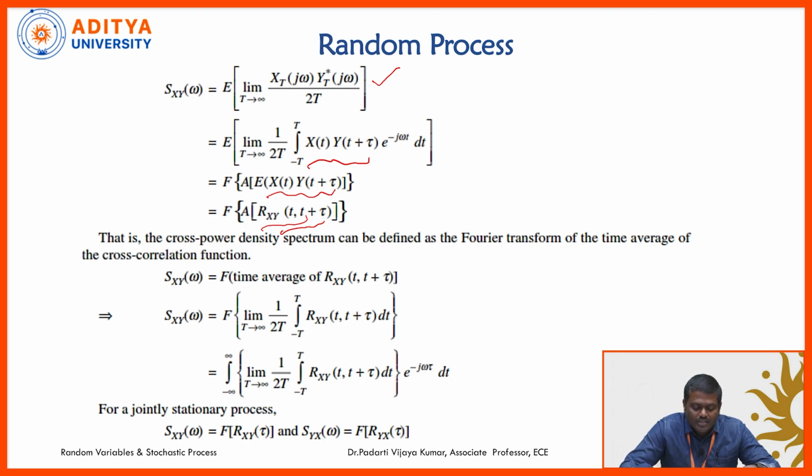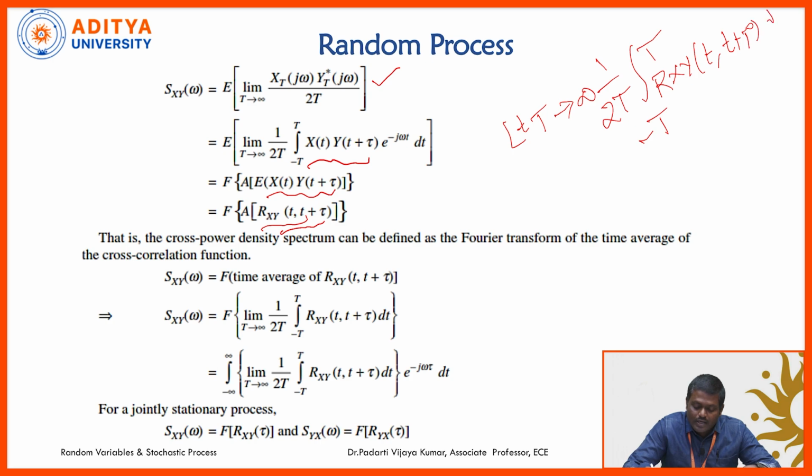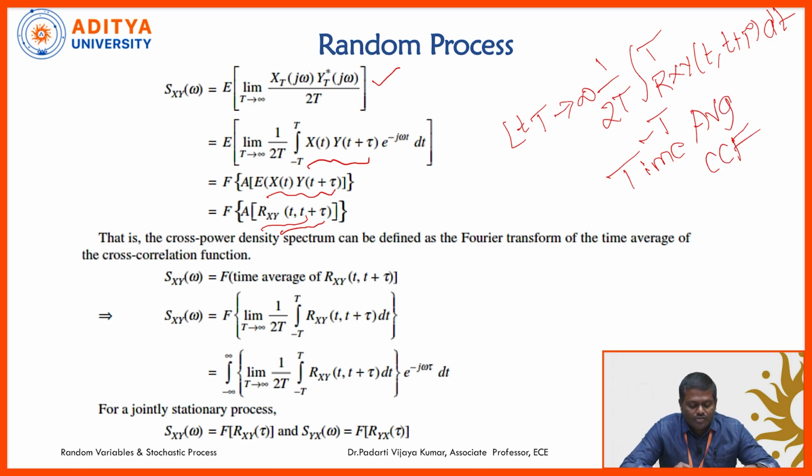So the time average correlation function is nothing but limit T tends to infinity, 1 by 2T, integral from minus T to T, Rxy of t comma t plus tau dt. This is nothing but the time average cross correlation function. So, Sxy of omega is the Fourier transform of the cross correlation function.